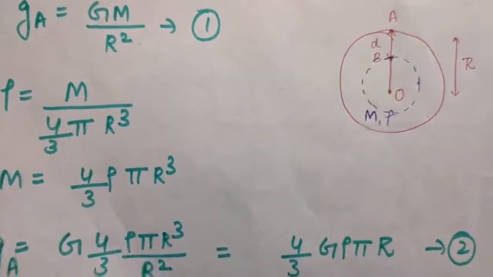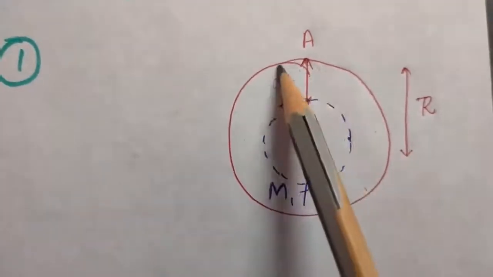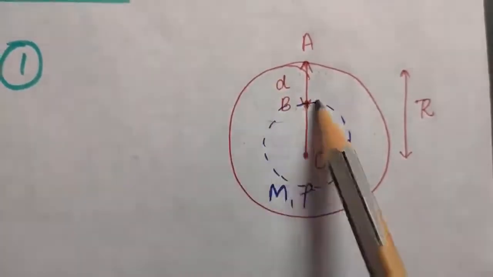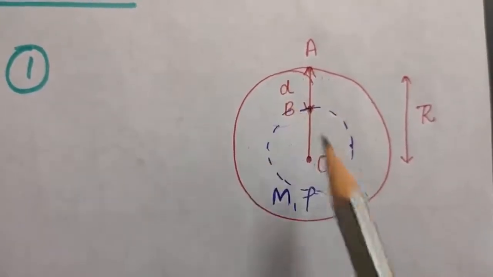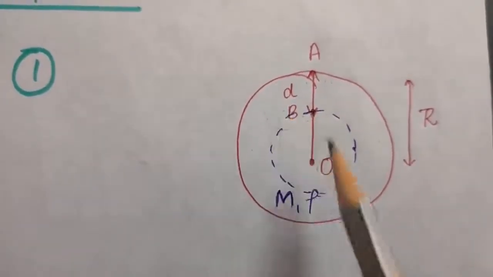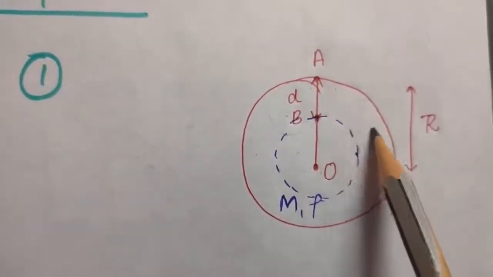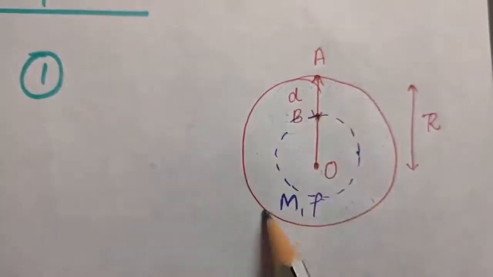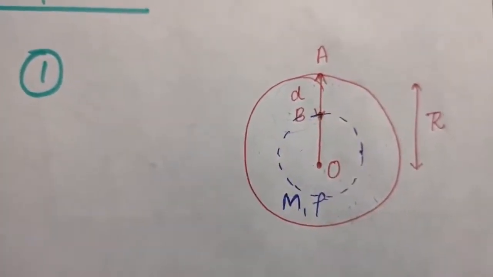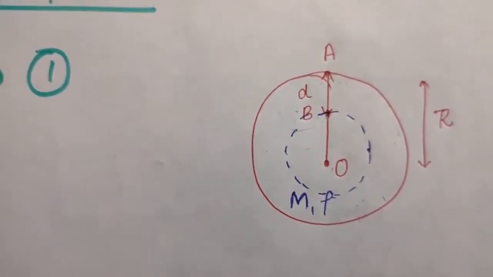Now what will happen? See, there is some mass in this shell here. Similarly, there is a mass here. There will be some force of attraction between them. So on both of them, the force will be equal and opposite. Similarly, there will be a part of mass here, a part of mass here. So you can say at every point, the force will be equal and opposite due to the other opposite mass, and therefore the force will cancel out.